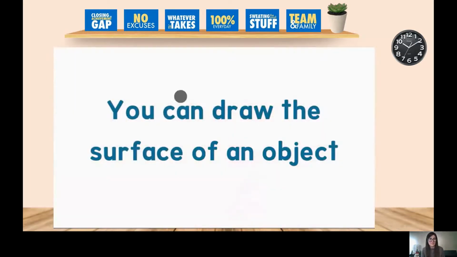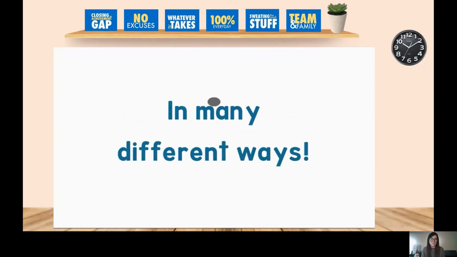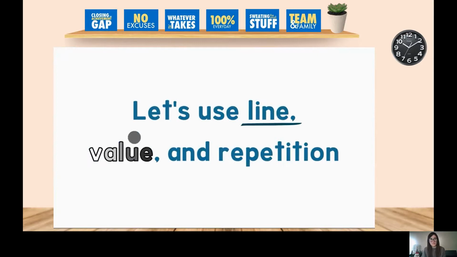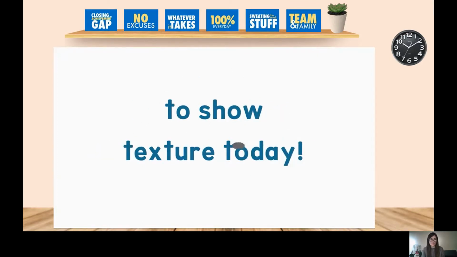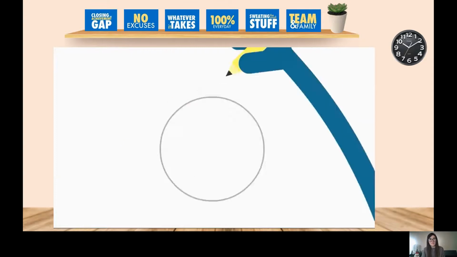Texture. You can draw the surface of an object in many different ways. Let's use line, value, and repetition to show texture today.